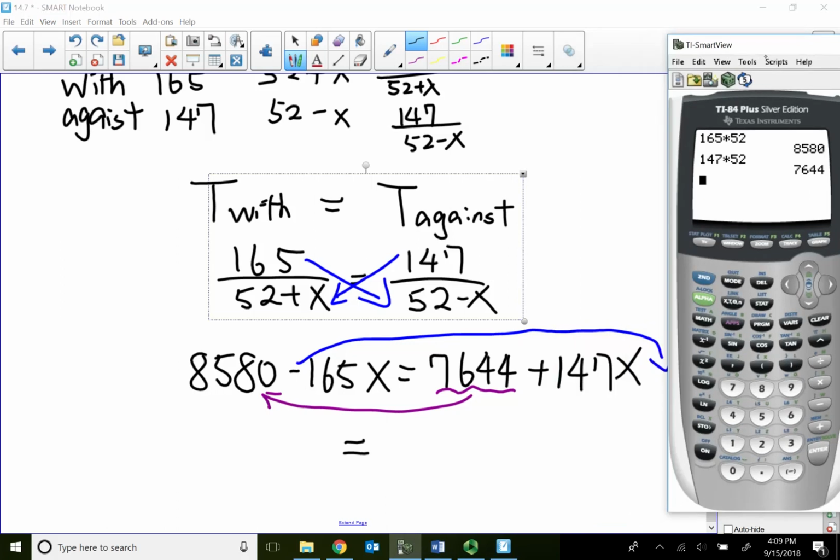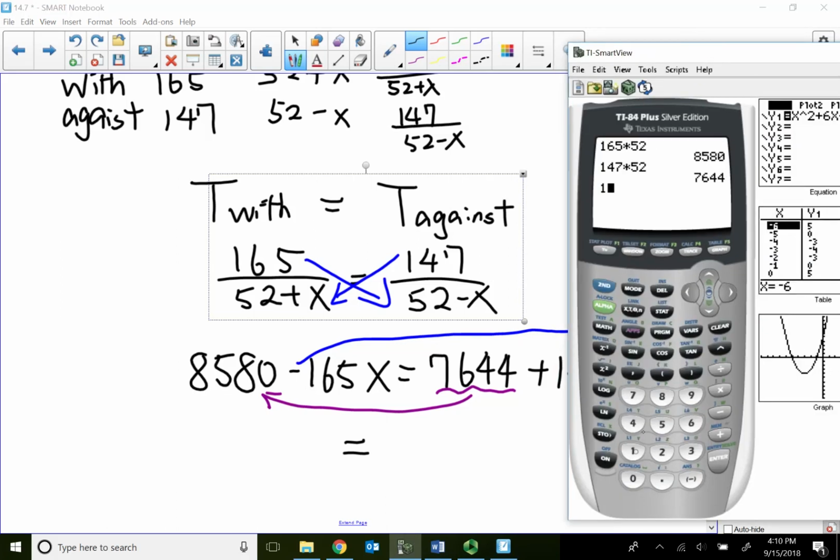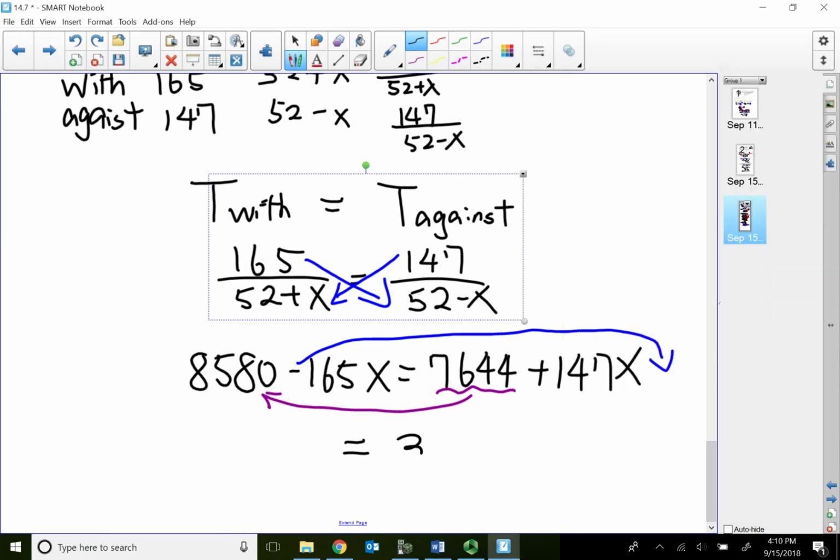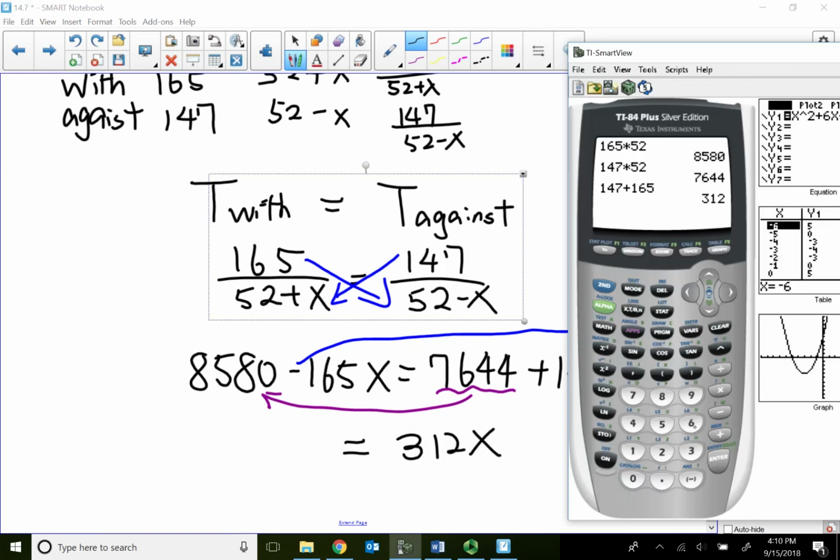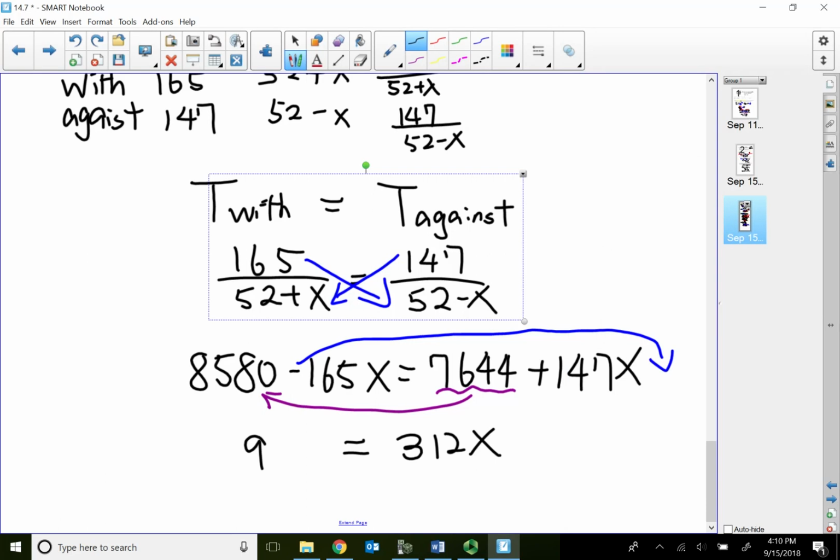147 plus 165 is 312x. 8580 minus 7644, moved to the other side, becomes negative. That gives 936.